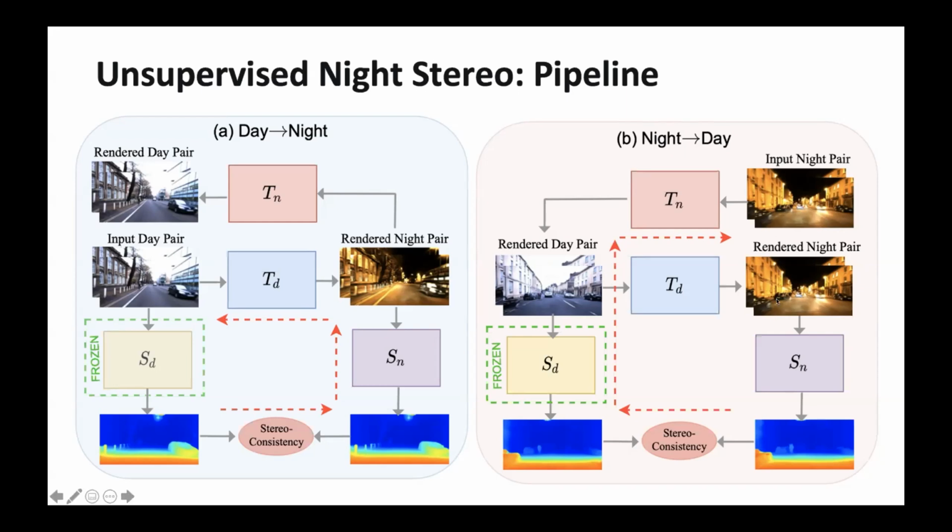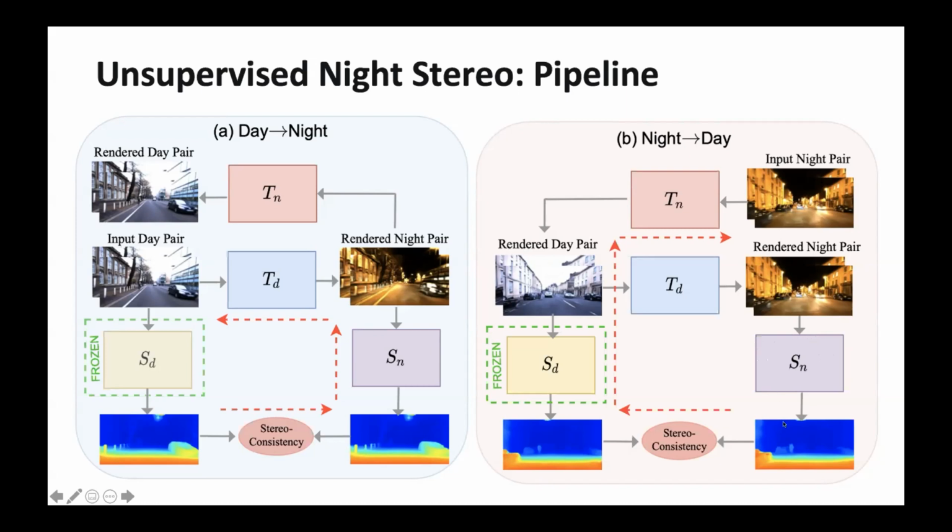Although they look the same, they are quite different. The noise level, for example, in the original input is much higher than in the rendered night image. So SN is not used to process the noisy original input image. Instead, we process the rendered night images to get the depth using SN here.